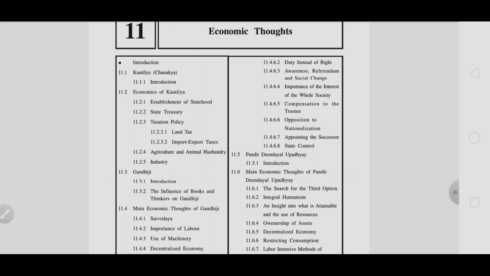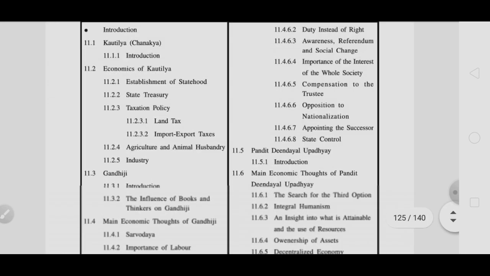First of all, the main economic thoughts are of Kautilya, that is Chanakya, because as we all know, Chanakya is the father of ancient or traditional economics. So first we will discuss the introduction of Chanakya and his different studies, then the economics of Kautilya and its different points.